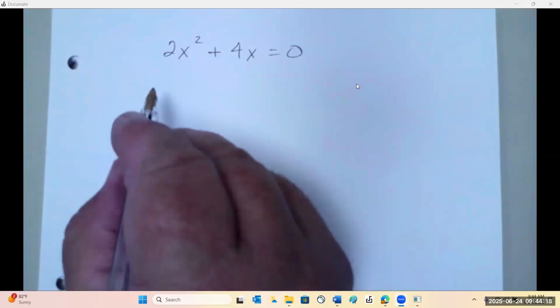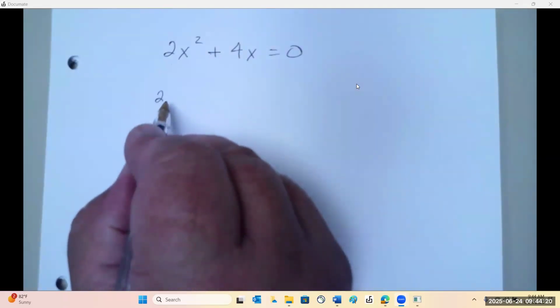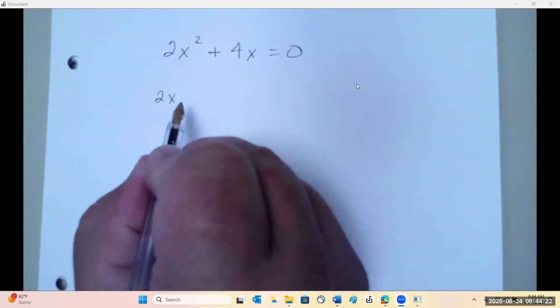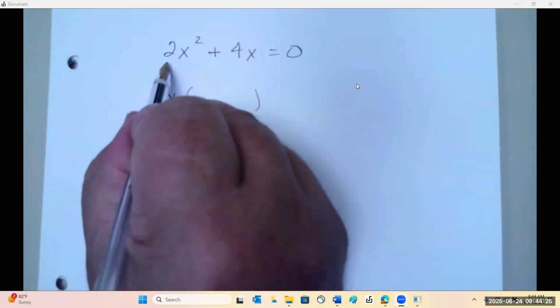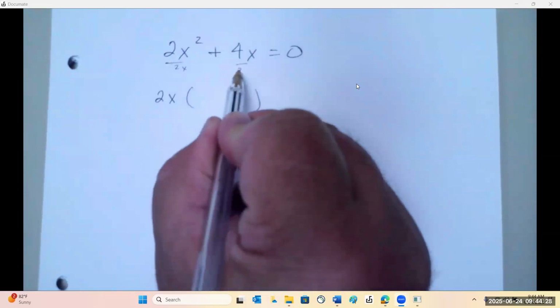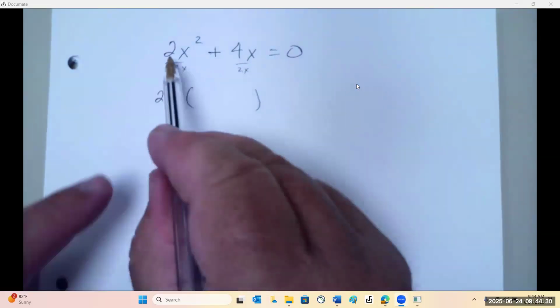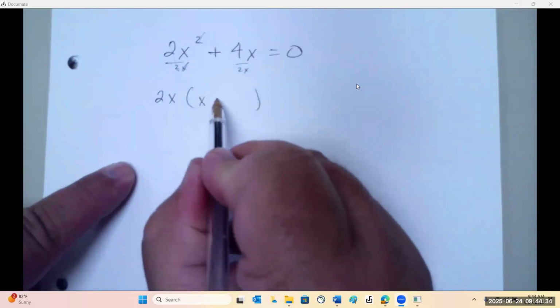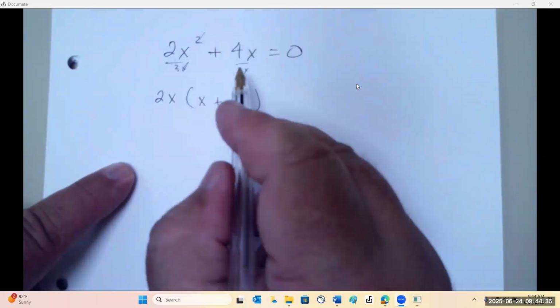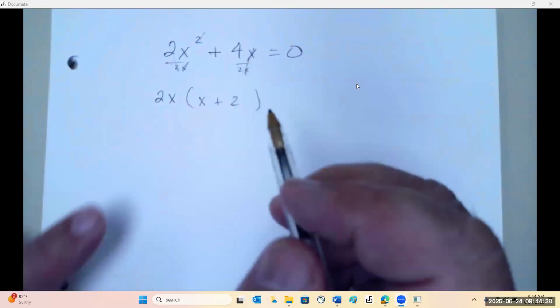They both have a 2, and what else? They have an x. So if I divide both of these by 2x, what am I left with? So the 2's cancel, 1 x cancels, so I'm left with x. 4 divided by 2 is 2, and the x cancels.